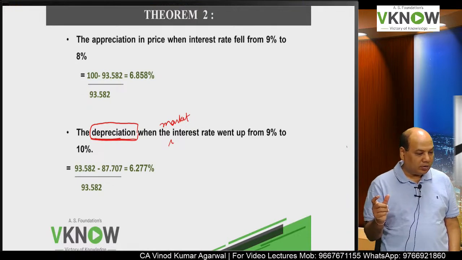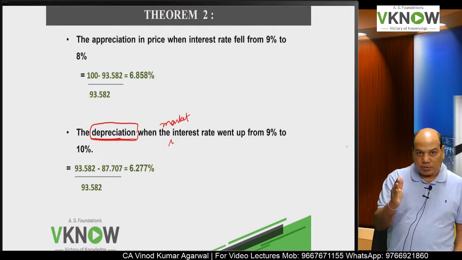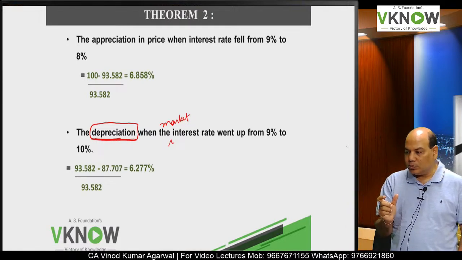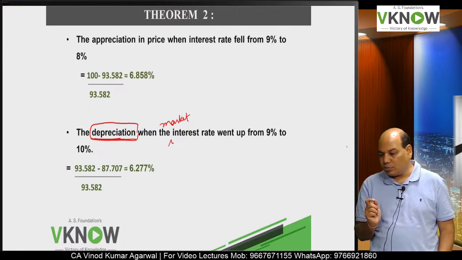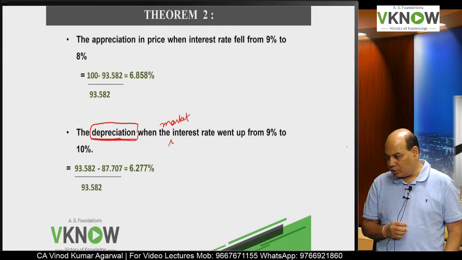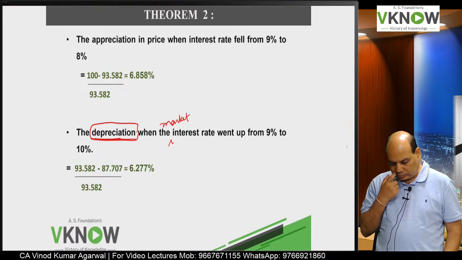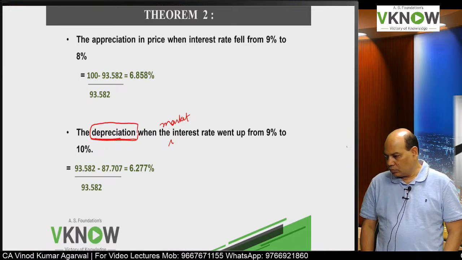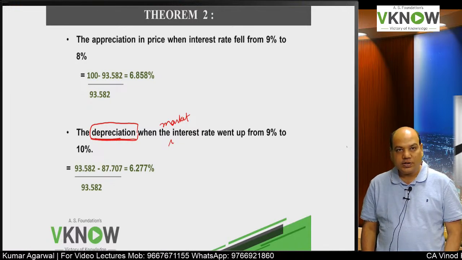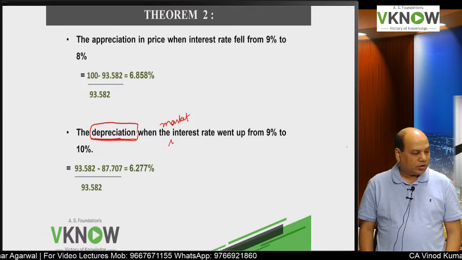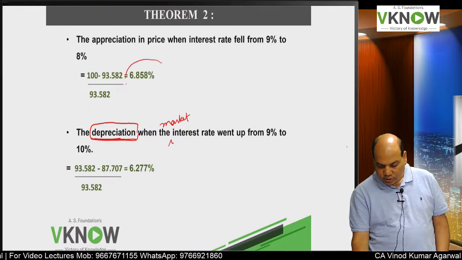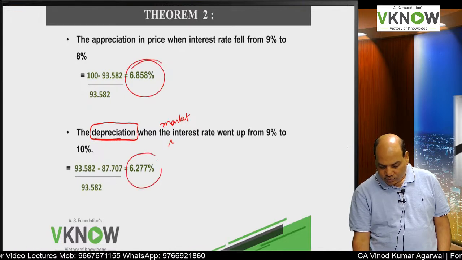Refer to the previous table. Now the market price of the bond has gone down. So the change is 93.582 minus 87.707 divided by 93.582, which is 6.277%. Can you see that this is lower than this one?